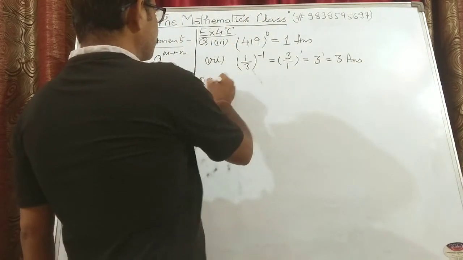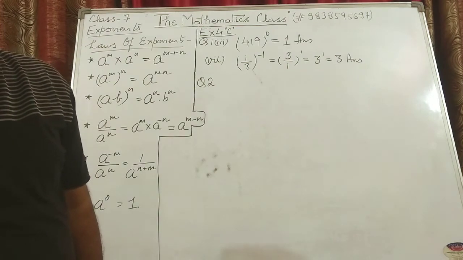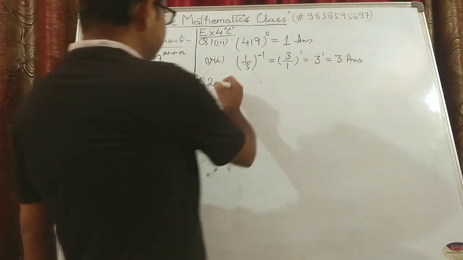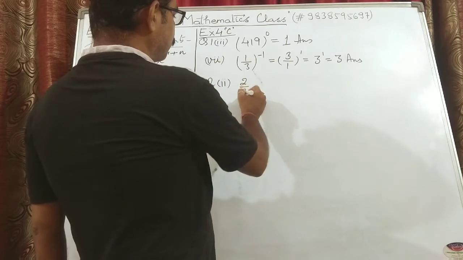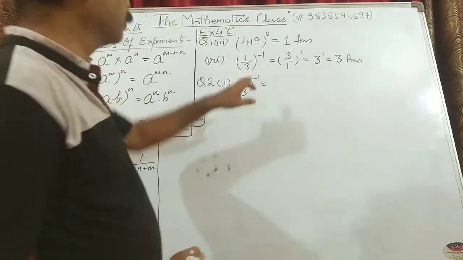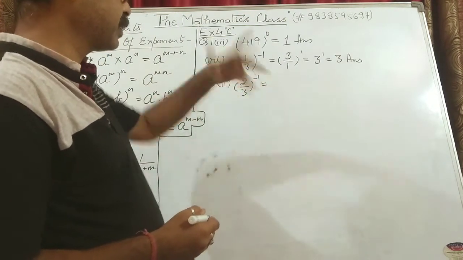Now we move on to second question. Find the value of each of the following. So in this let's discuss second part. Second part is 2 upon 3 to the power minus 1. So what we will do, we will try to make the power positive. So this 2 by 3 will reciprocate.